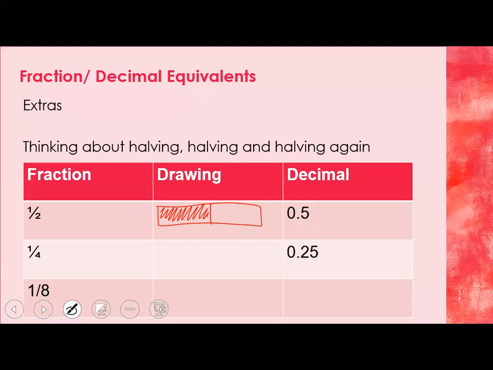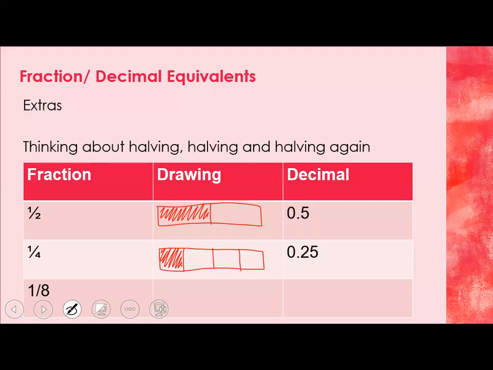So let's have a look at a quarter. So I've split it in half, and then each of those halves, my half on the left and my half on the right, I'm going to split in half again. So now I have 4 equal parts, just like in my fraction, a quarter, and I want one of them.